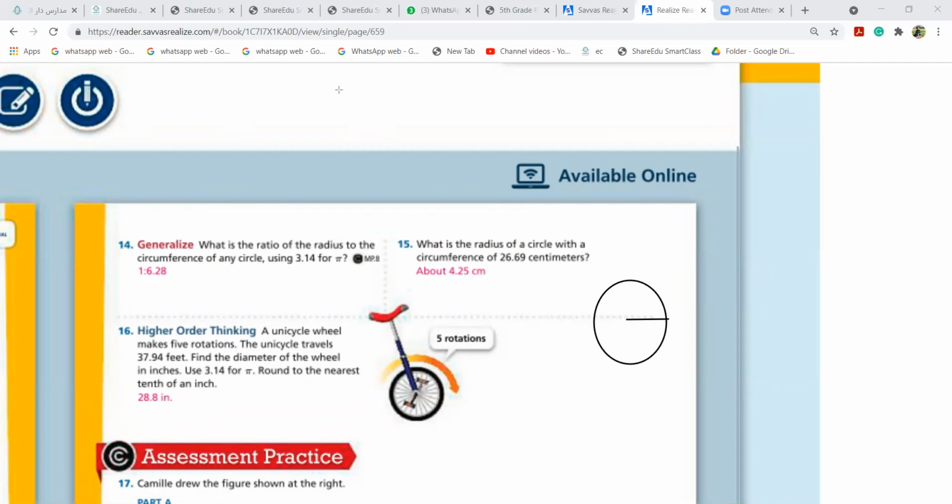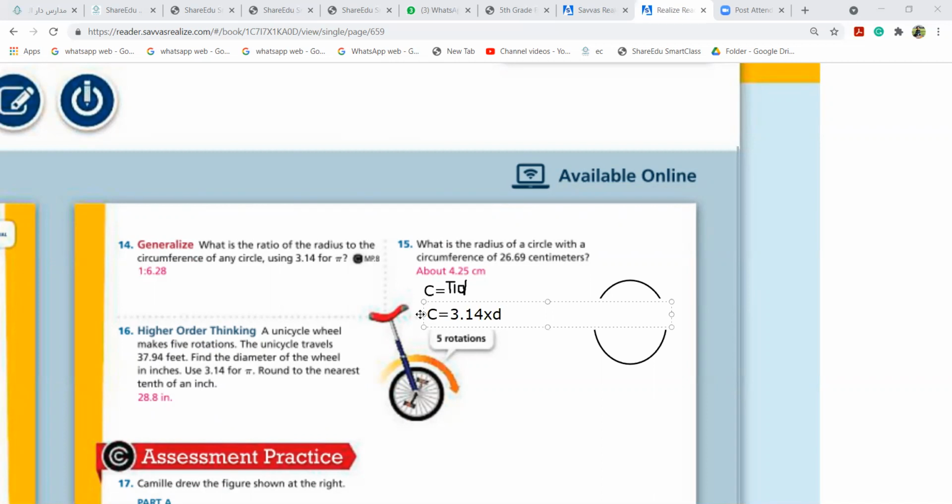Let us find D first. C equals pi d. This is my first step. Now, C equals 3.14 times D. What is D? I don't know.